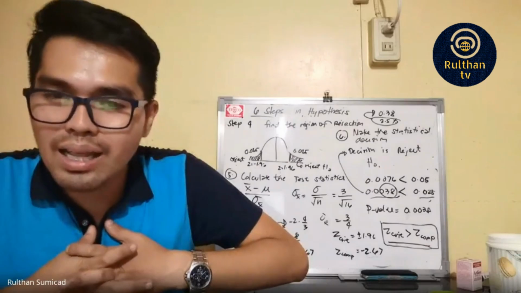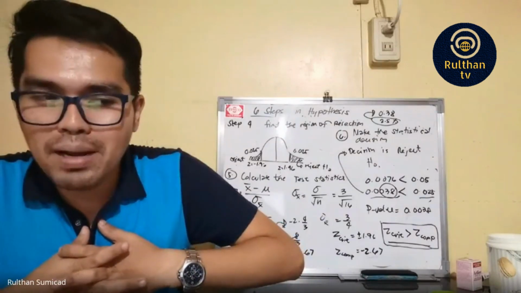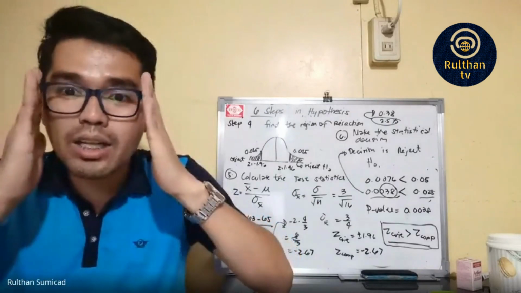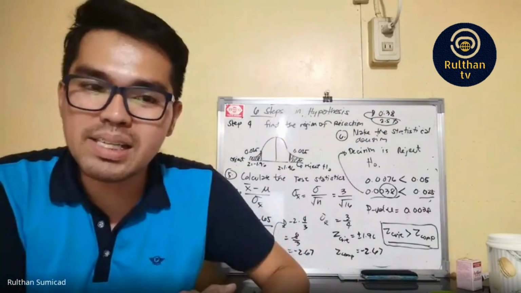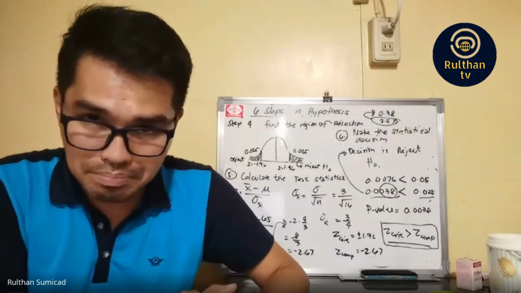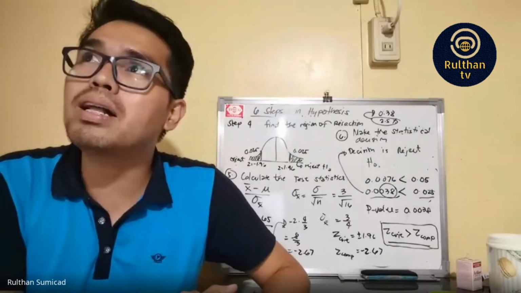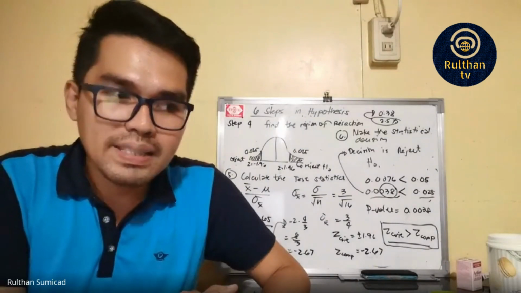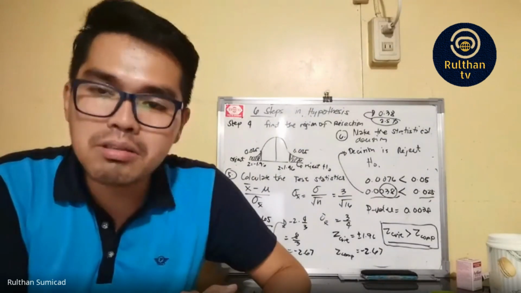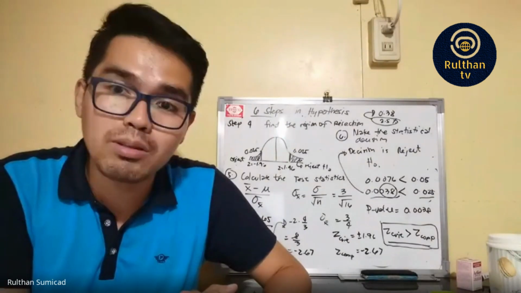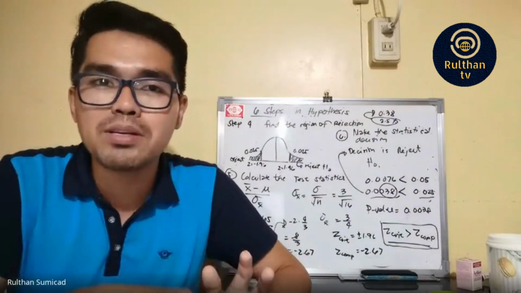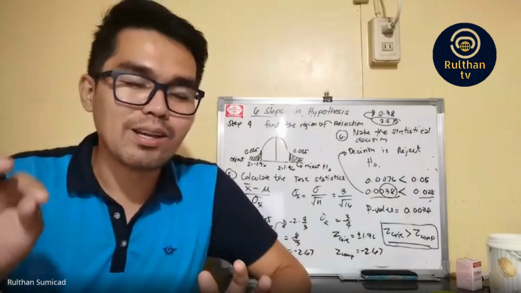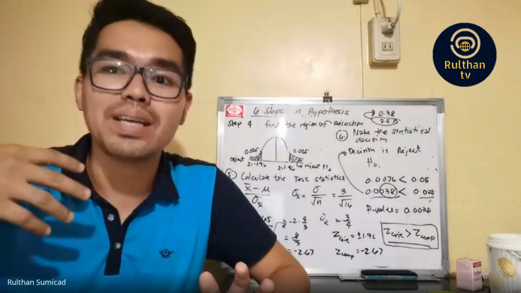It is more likely that you will encounter a population that is not normally distributed. But according to the central limit theorem, a theorem in statistics, even if the population's distribution is not normal, it's still possible to have a normal distribution of the sample mean, provided that your sample size is large enough.